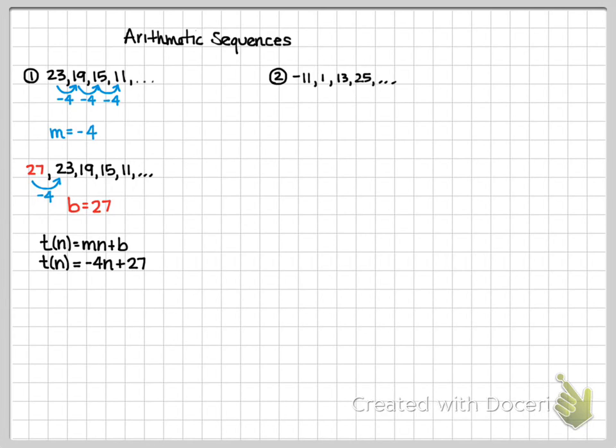So if somebody were to ask me, how would I find the 19th term? What I would do is plug in n is equal to 19 into my equation, and then I would go through and algebraically solve that. So I plug in the 19 where the n's are located.